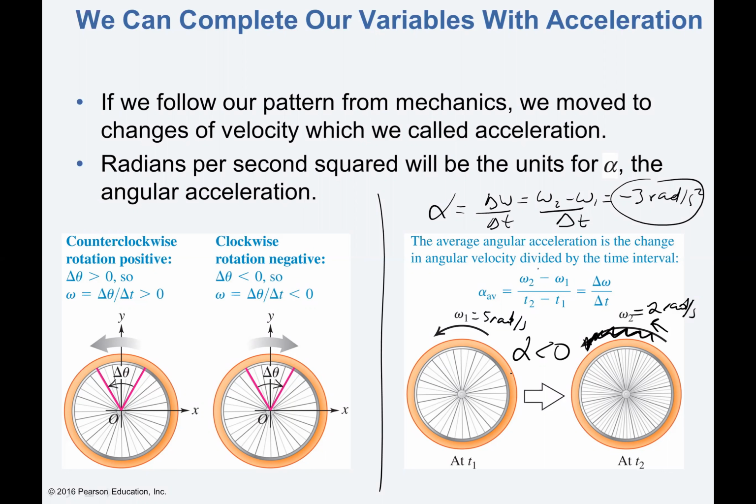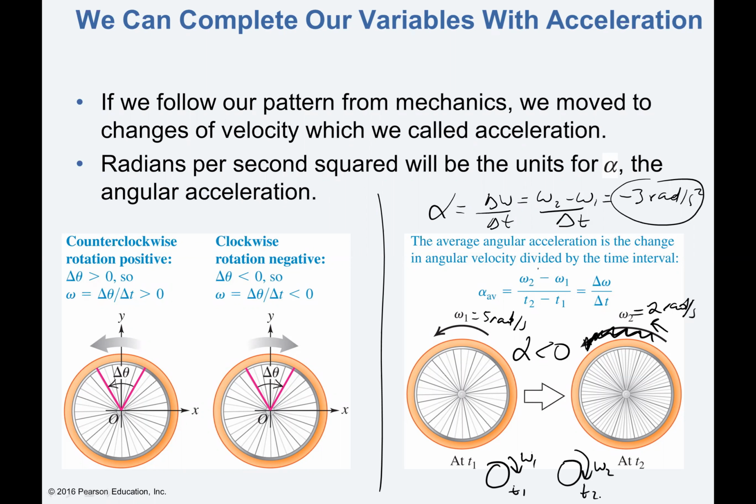And you can then use this analogy to understand what the angular acceleration and angular velocity relationship will be if this wheel is rotating clockwise. If it's clockwise omega 1 and clockwise omega 2, that means the system is rotating clockwise at T1 and at T2.